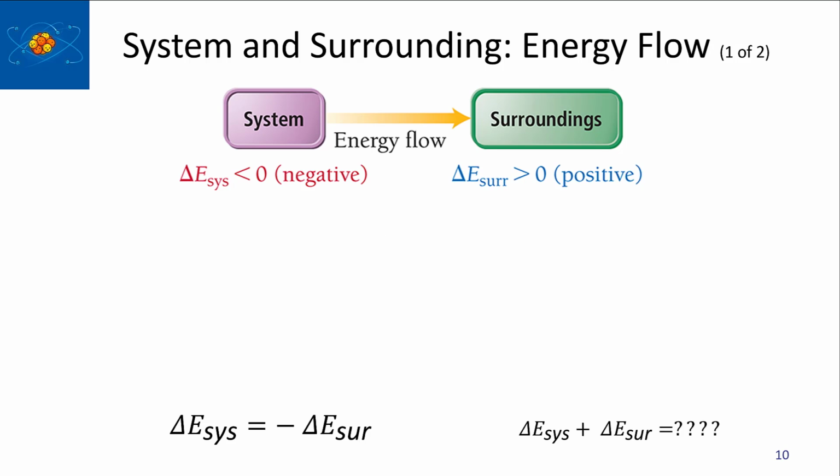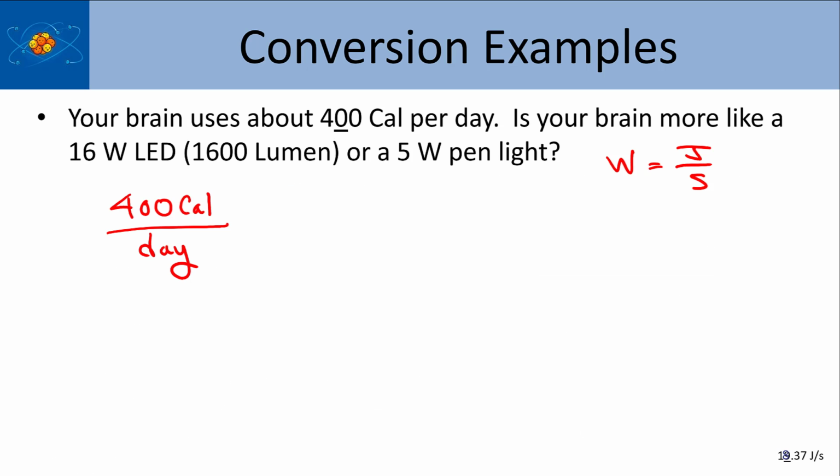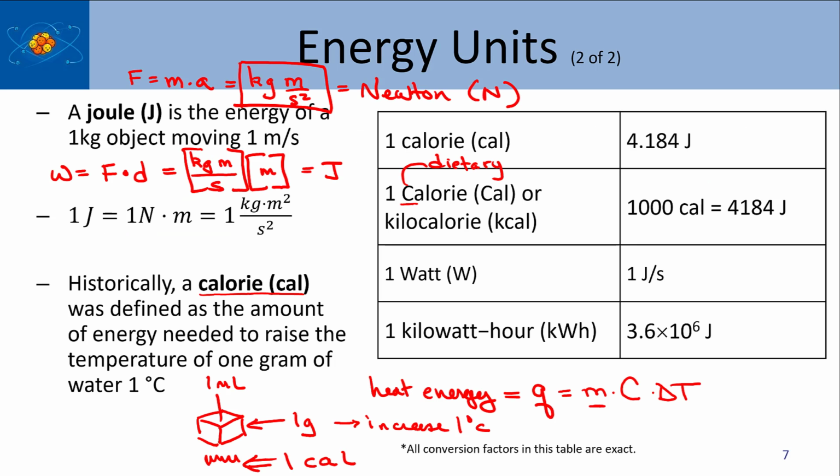I have a relationship between the uppercase and the lowercase calorie that I talked about on the previous slide. One calorie is 1,000 small calories, or kcals.